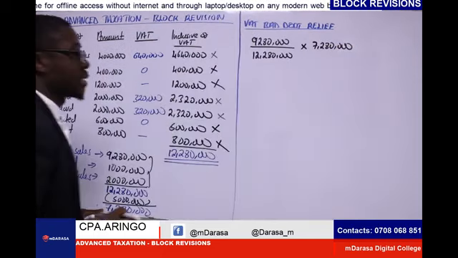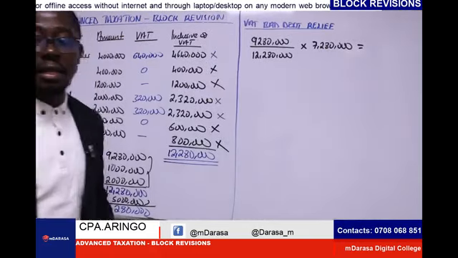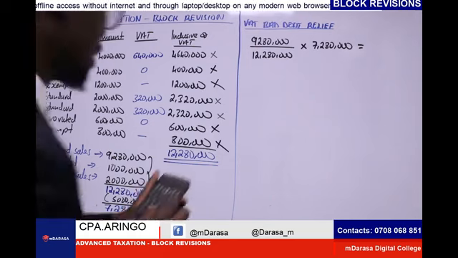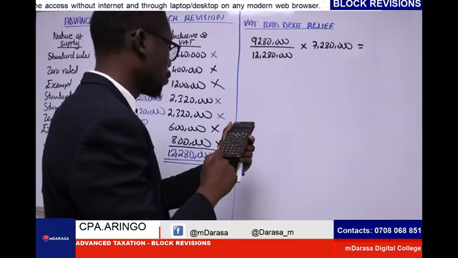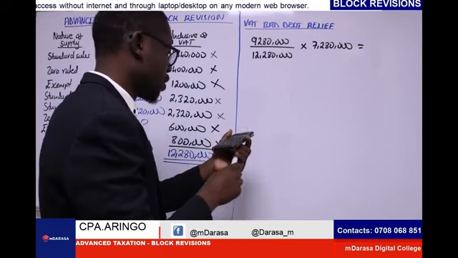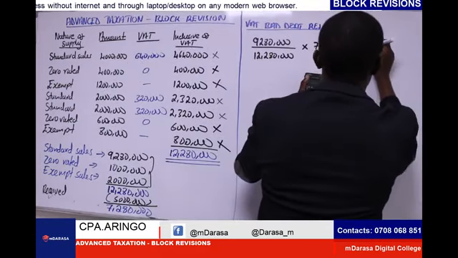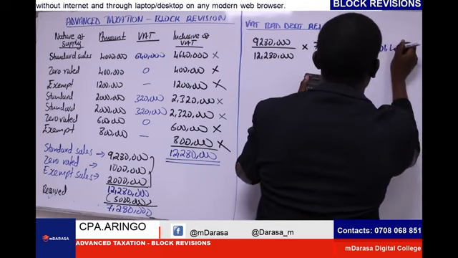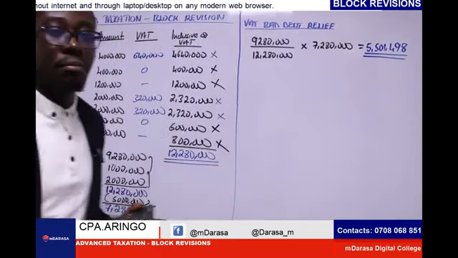So we can agree that the proportion of the standard that had not been paid will be how much? The proportion of the standard that had not yet been paid will be 9280 over 12280 times 7,280,000. So the proportion of the standard that had not yet been paid will have the value of 5,501,498. So this is the proportion of the standard that had not yet been paid.